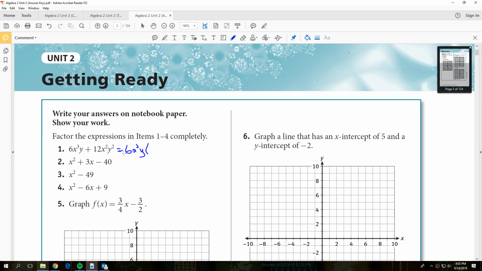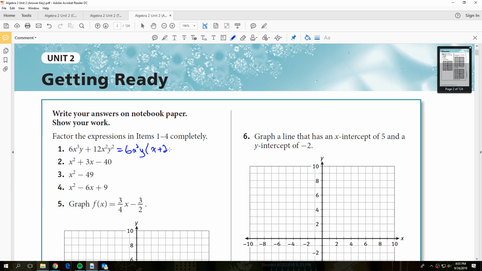And when I pulled out that greatest common factor, if I pull out the 6 in the first one, I'm just left with 1. If I pull out an x squared, I'm left with an x. And if I pull out a y, then I'm just left with 1. So it's just x in this case. And then plus, if I pull out a 6, I'm left with 2 because I have 2 6s going to 12.